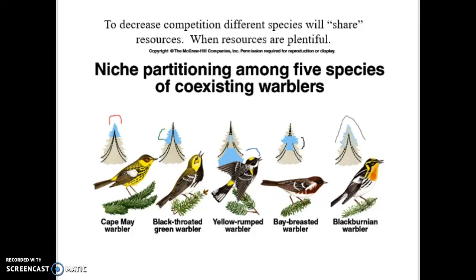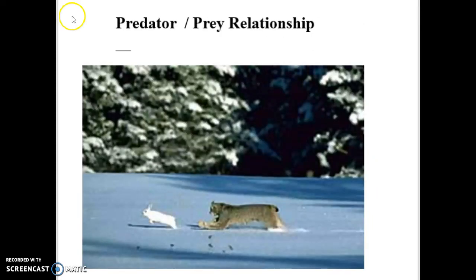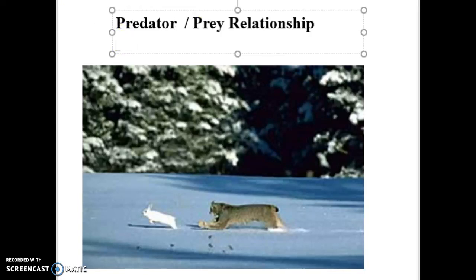Right? So what we're going to look at are different relationships that exist within the community. In every community, there's a variety of different relationships and interactions that are always going to be present. One of those absolutely guaranteed community relationships or interactions is a predator-prey relationship.